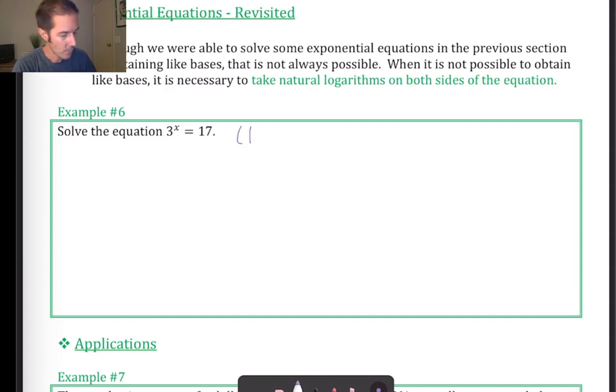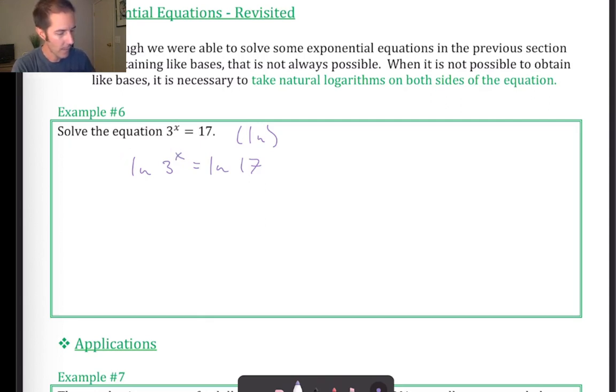I'm going to take the natural log. Either one allows us to use the power rule for logs, which says that we can take this exponent and bring it out front of the logarithm like it's a coefficient.